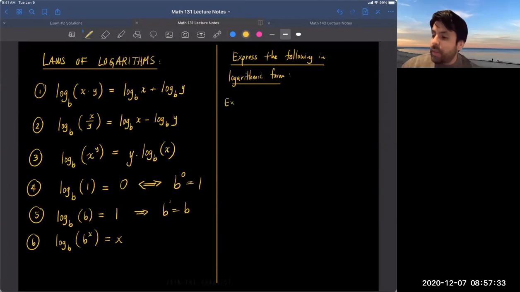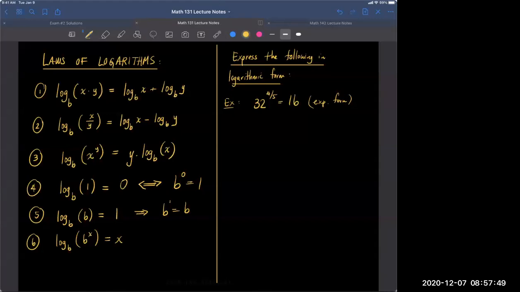So what if I write 32 to the 4/5 equals 16? This is the exponential form. I want to write it in logarithmic form. So what would be the logarithmic form of this? Log base 32 of 16 equals 4/5. Perfect.